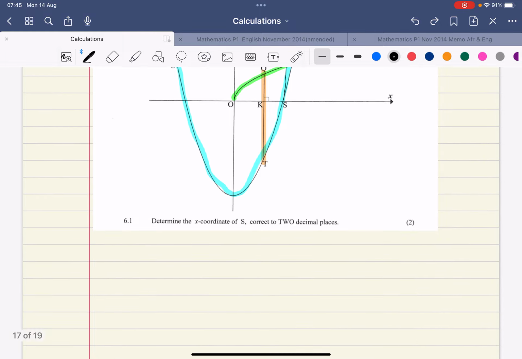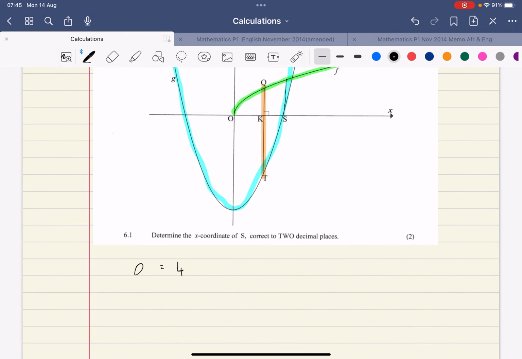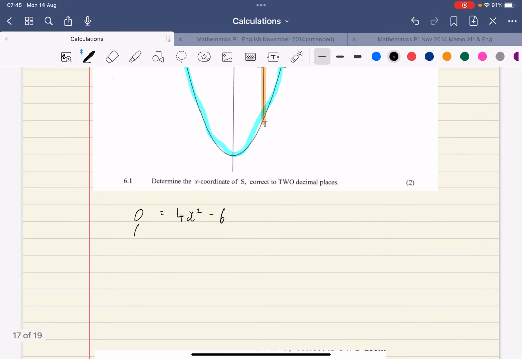So really all we need to do is set y equal to 0 for our g of x function and solve for x. So let's do that. Simplify.